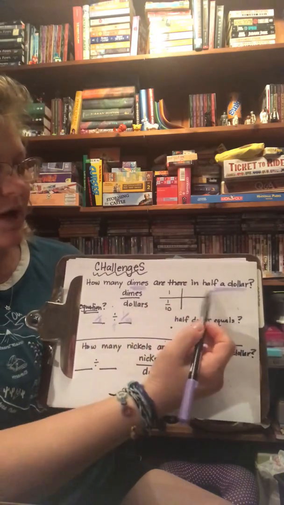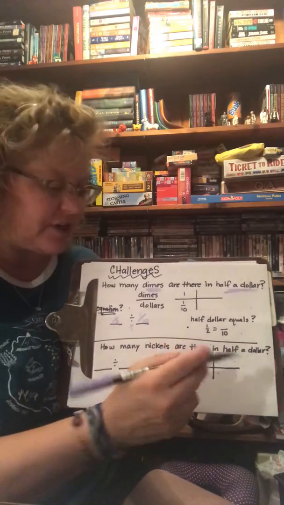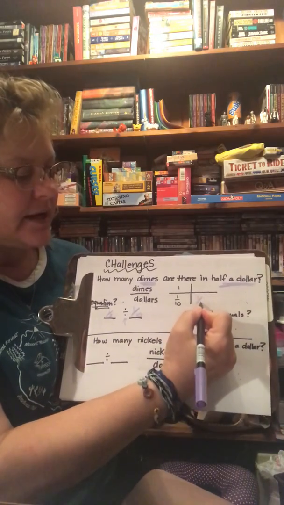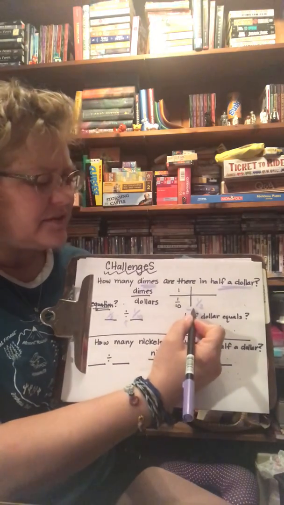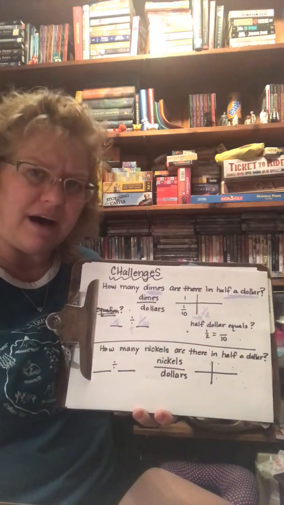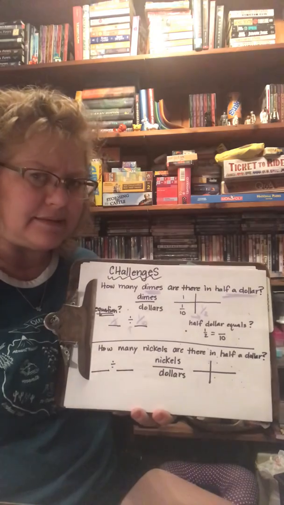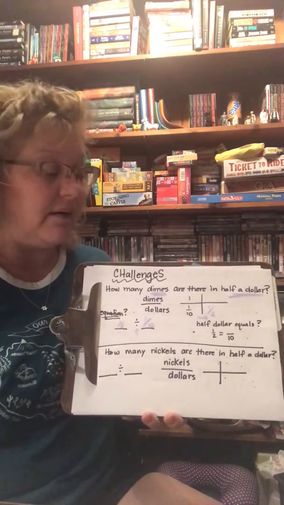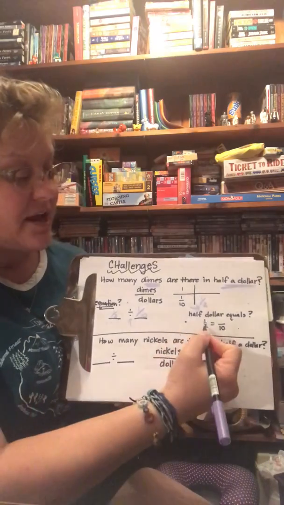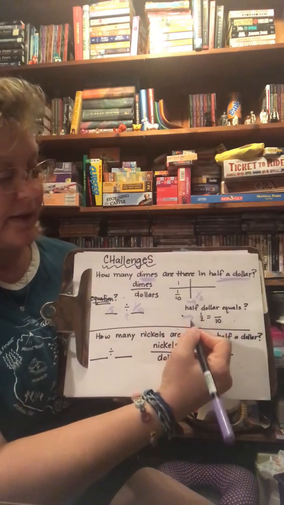I want to know how many in just half of a dollar. So this right here needs to be half of a dollar, but how do I get 1/10 to turn into 1/2? That just doesn't make sense. We haven't learned this yet, but I'm pretty sure you probably know this as well. We need to find that common denominator, and that's what I started to do right here, all right?